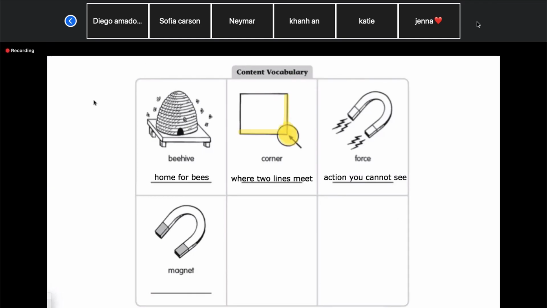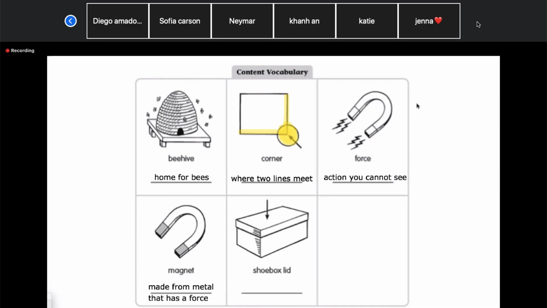Okay, so we'll say a magnet is made out of some sort of metal. Yes. Made from metal that has a force. Okay. Yes. A magnet is something that's made from metal and it has a force, so it can pull things or push things to or from it. Good job, Anton.